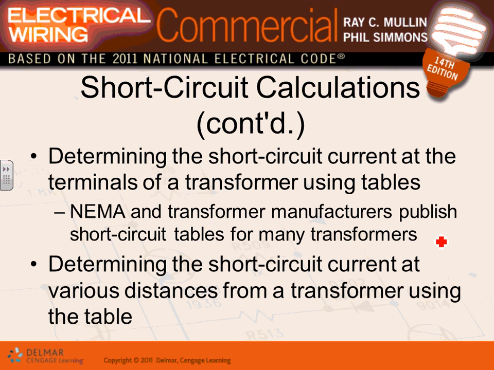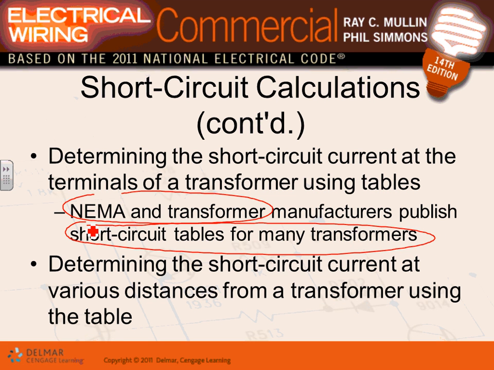Same thing, NEMA and the transformer manufacturers, guys, have short circuit tables. I'll show you in a second. It tells you if your transformer is 25 kVA and you short it, you're going to get this amount of short circuit on the secondary. It will allow this amount of short circuit to go through. Obviously, the bigger the transformer, guys, the more short circuit that transformer can allow.